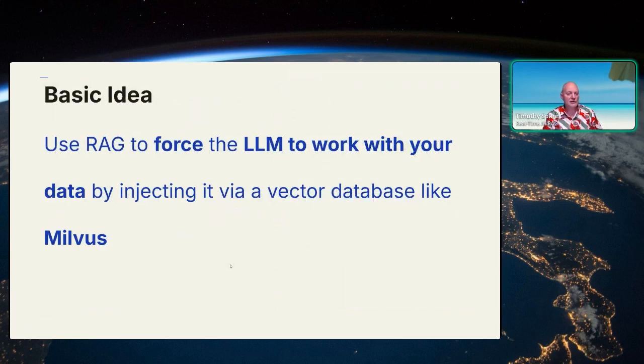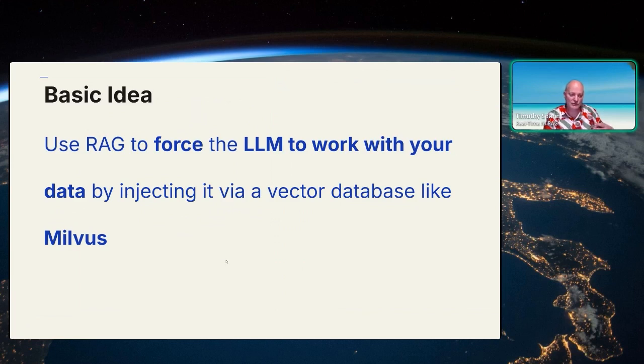So really, why do you do this? I did a talk at the Open Source Summit down in one of the Carolinas, and I talked about all the different RAGs because there are a lot. This is certainly the simplest, but for basic usage, you can get a lot out of this.